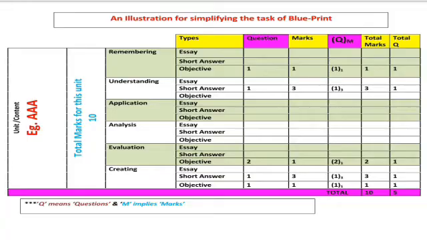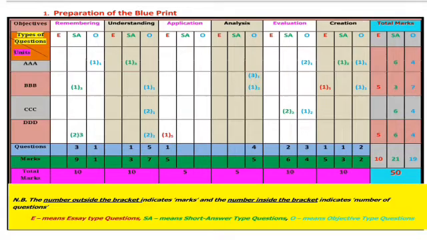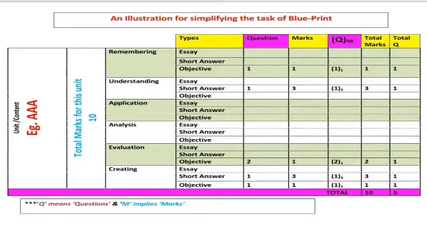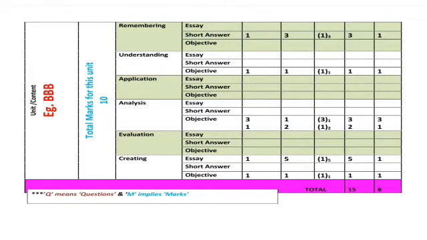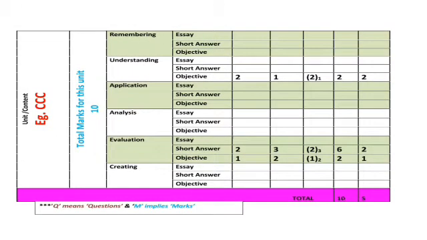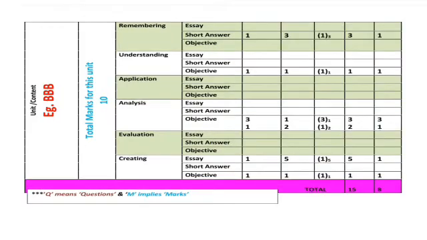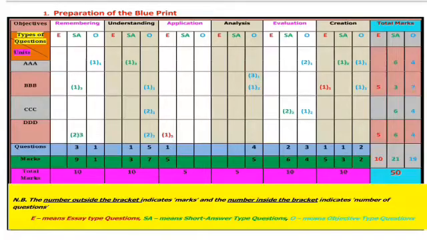Now it is the same, like all these, whatever I have shown you here, unit 1, 2, 3, 4, it's all coming under this one chart, that is the blueprint, one blueprint.